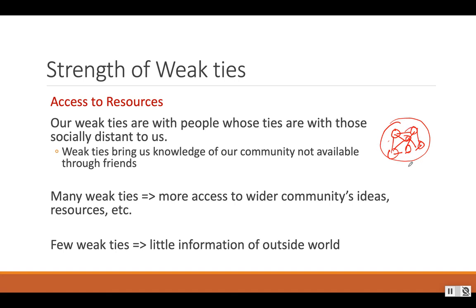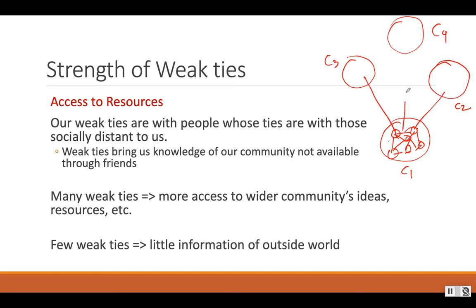Let's say this one is a community, this one is another community, and community 3 and community 4. If we have multiple weak ties, there is a wider probability of more access to wider communities' ideas or resources, and few weak ties mean little information from the outside world.